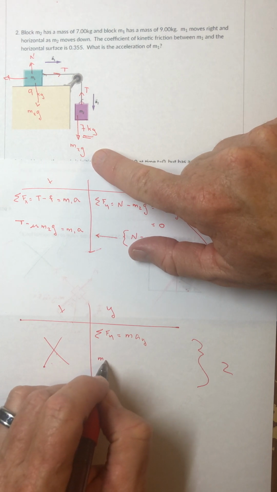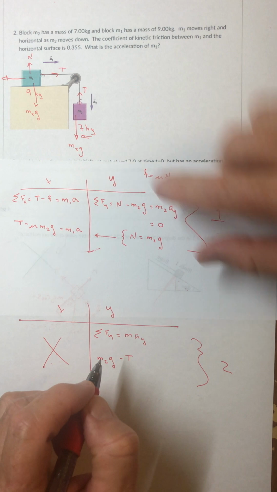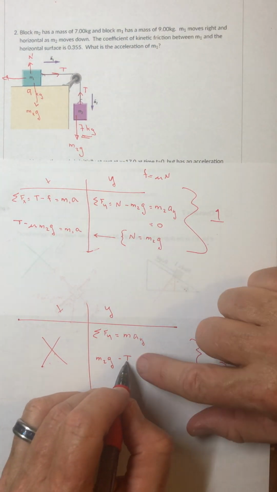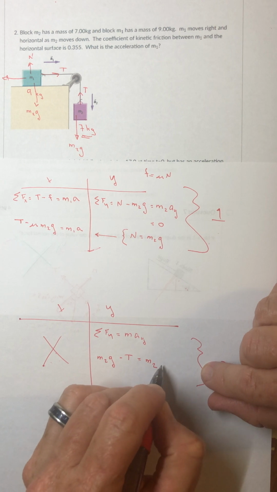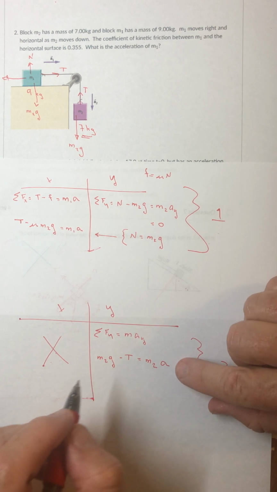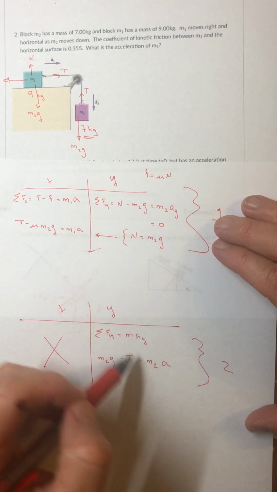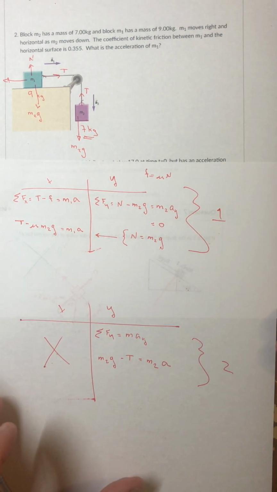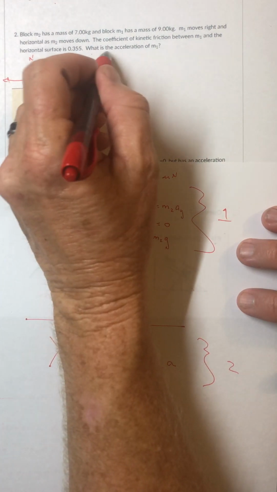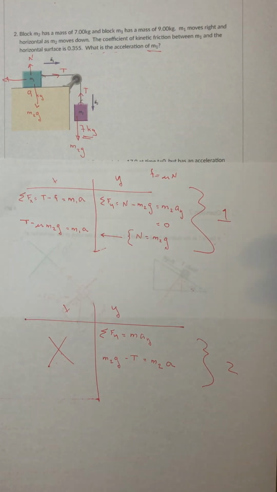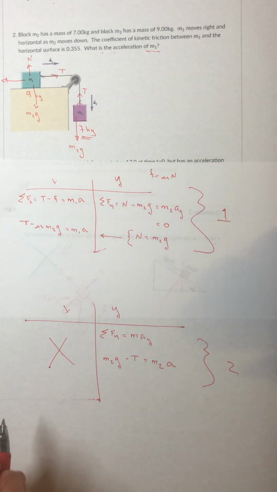So I would have an M2G going down and a tension going up. And up this time is going to be negative. And so that's a little different. And that would be M2 times A. And in this case, A is that same acceleration. And that's how I'm going to tie the equations together. Because it says, what is the acceleration? Now, it specifically says block 1, but in that case, my argument is that they're the same.